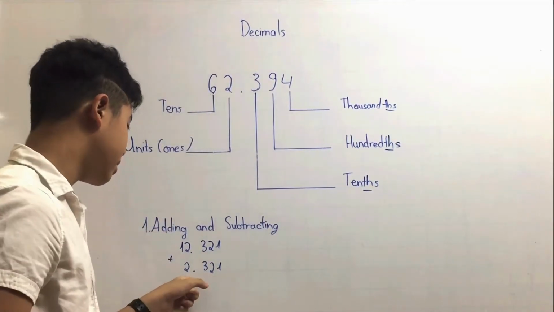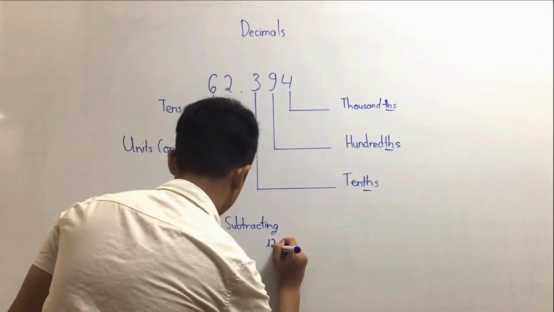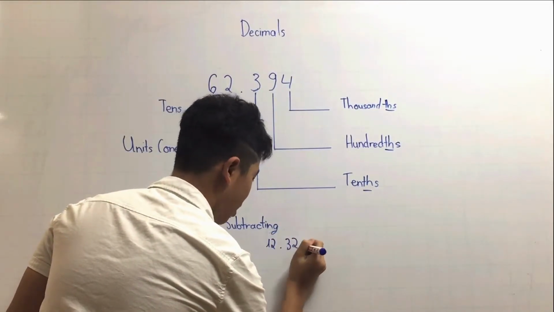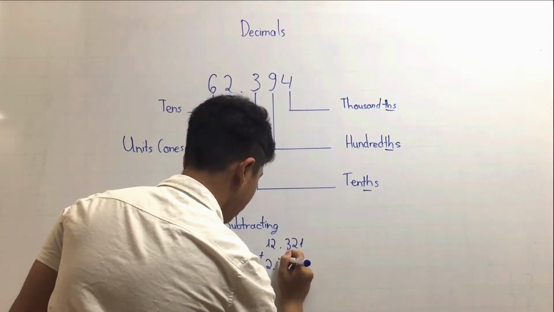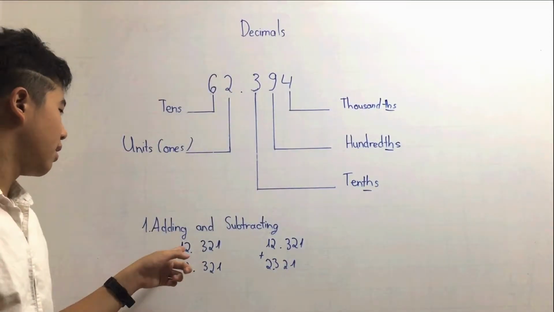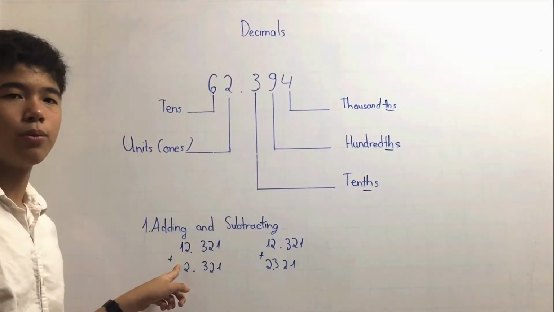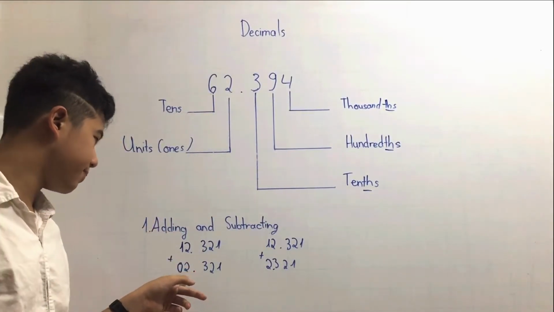Do not write it by lining up the 2 like this. This is actually wrong, because the tenths place would have no digit, so actually there's a 0 right here.